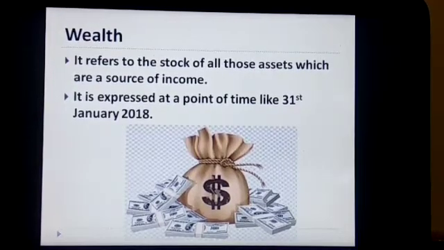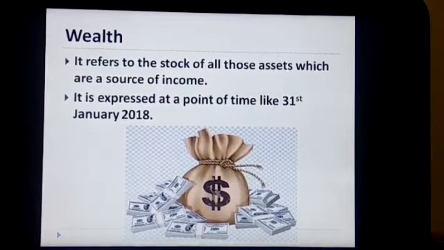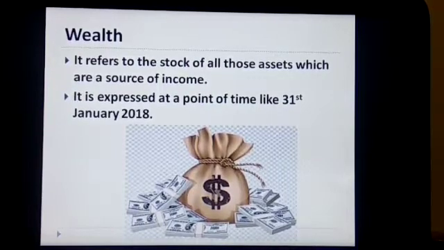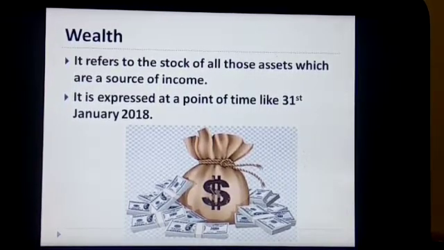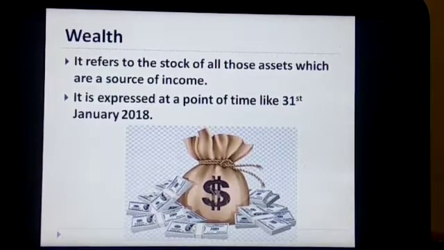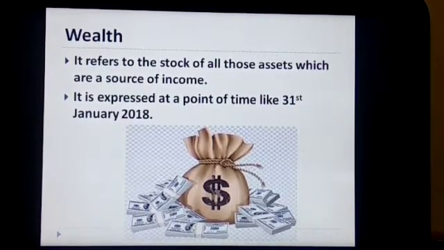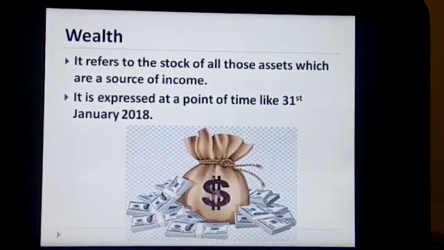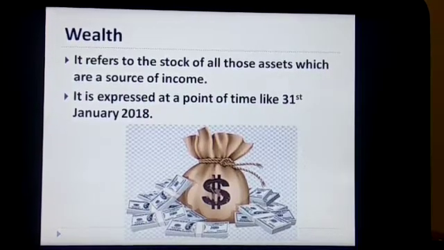All those things that are in your possession are called wealth. So wealth is the stock of all the assets or belongings that you have, like house, jewelry, cash, which are a source of income for you. They are going to give you some income.